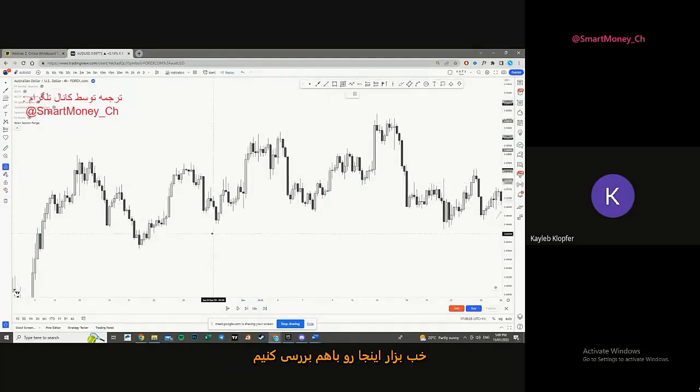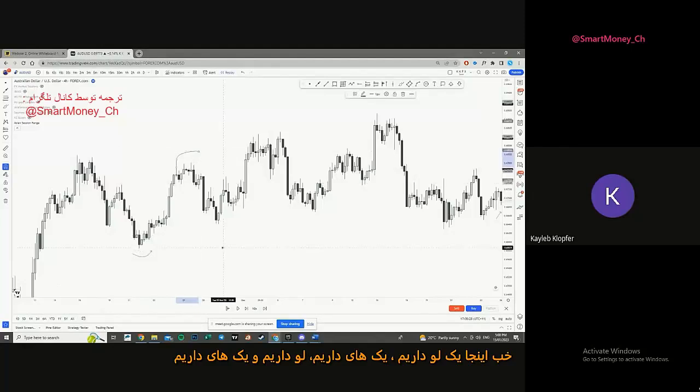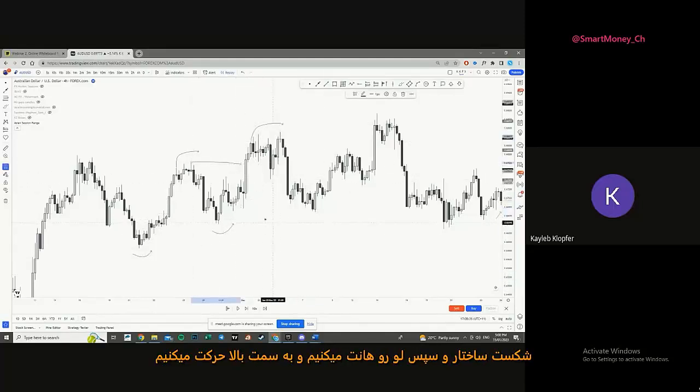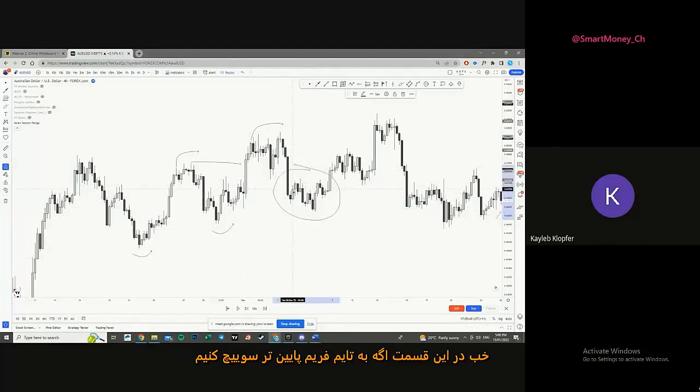Here we have a low, a high, a low, a high. So we're moving like this: higher highs, higher lows. Very nice and simple market structure here. We're having a break, and then we're liquidating lows and continuing to move up. So in this case, if we go on a lower time frame, we're going to see that our momentum is down.